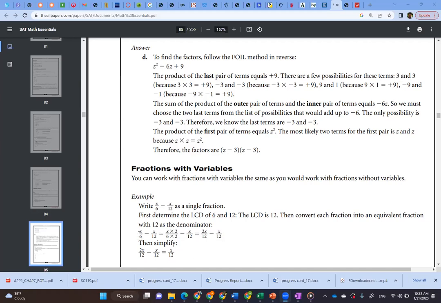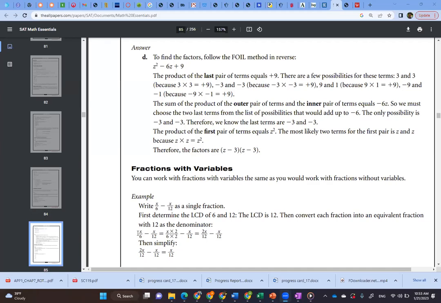So x over 6 minus x over 12 is going to be x multiplied by 2 over 6 multiplied by 2, minus x over 12, to make the two denominators the same. We need to make the denominator of the first term like the denominator of the second term.